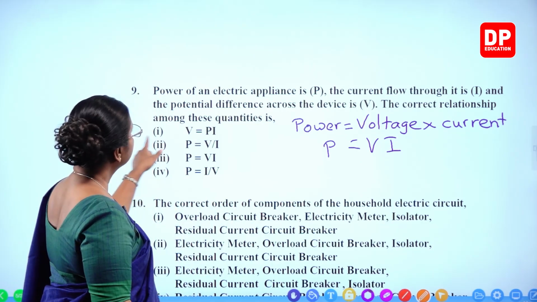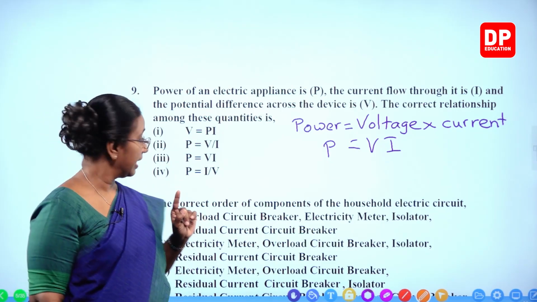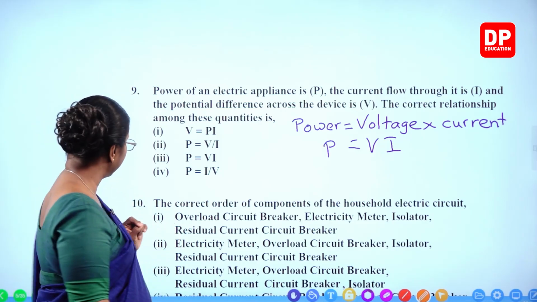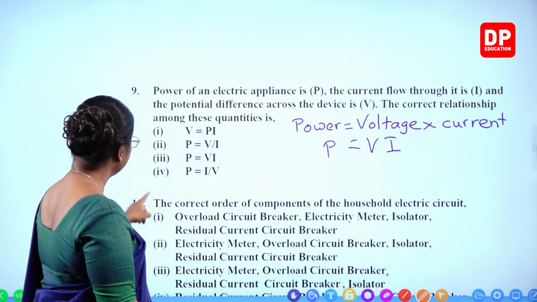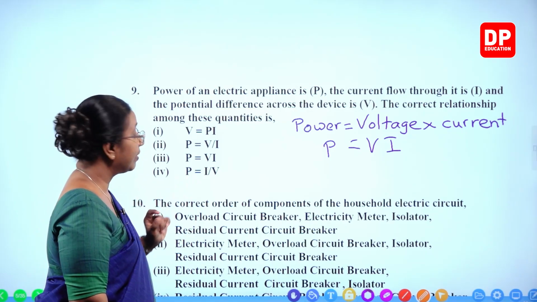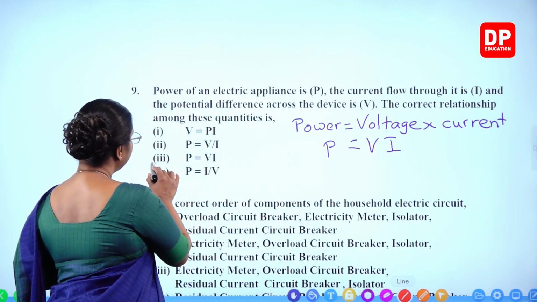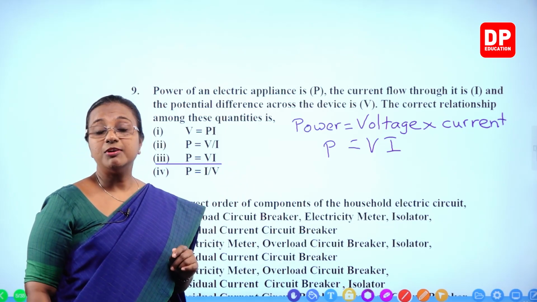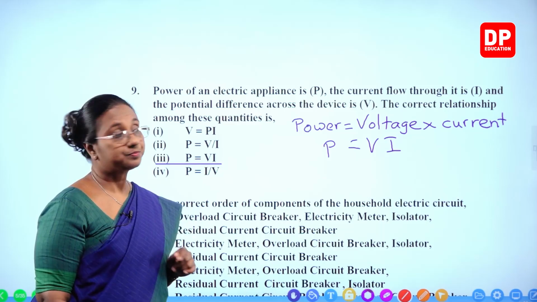So here, V equals PI is incorrect. P equals V divided by I is also incorrect. The third one, P equals VI, is correct. And the fourth one, P equals I divided by V, is also incorrect. So the correct answer is the third one. The correct relationship between power, voltage and current is P equals VI.